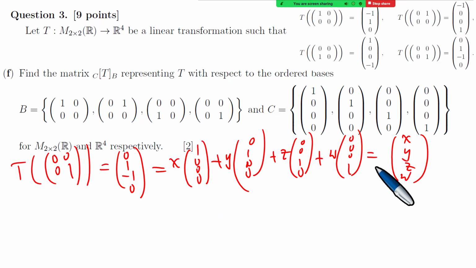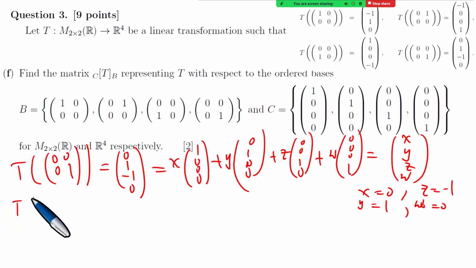Right, so equate the top to the top. So X is 0. Y equals 1. Z is minus 1. W is 0. Okay, so which means that we have T of this one, 0, 0, 0, 1.